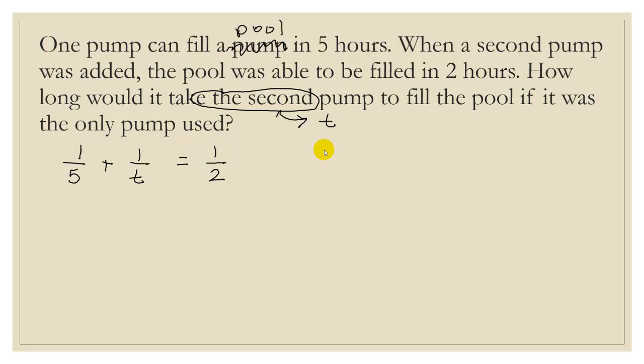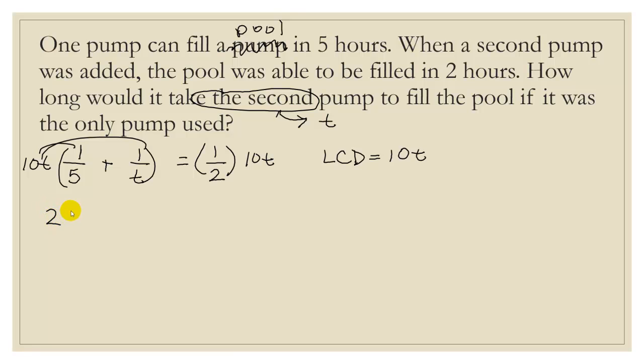Using the same logic, our LCD is going to be 10T, and we can multiply both sides by 10T. Let's distribute 10T times 1/5. Well, 10 divided by 5 is just 2, so this gives you 2T. 10T times 1/T, well, the T's would cancel, and you're just left with 10.